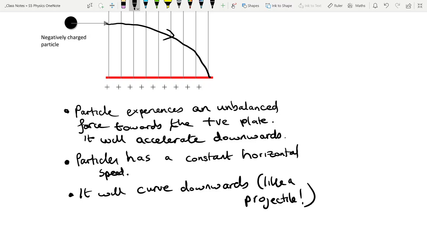Okay, so you can see again there's a bit of a parallel there between gravitational field strength and electric field strength. We've never drawn the gravitational field strength as having lines and things like that, but it kind of works the same way. So we've got this constant acceleration downwards due to the gravitational field strength. We've also got a constant horizontal speed, just because of the way that it's fired. So it works in a similar way, just like gravitational potential energy and electric potential energy.